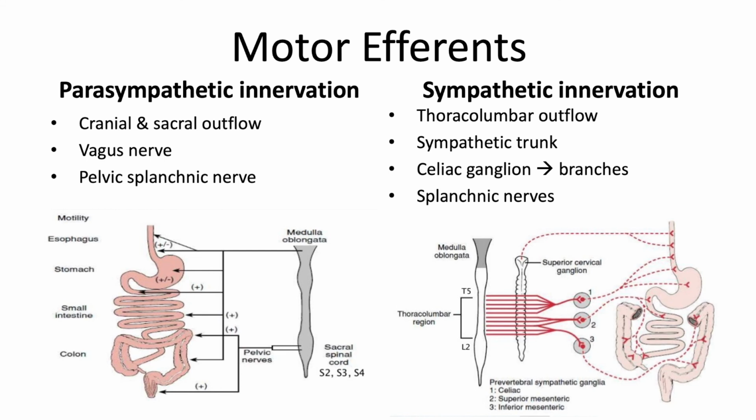In contrast, the sympathetic originates in the thoracolumbar spinal cord region and leads to the celiac ganglion that branches further. It is important to note that nerves of the splanchnic system are involved in efferent systems, but also, from the previous slides, splanchnic nerves are involved in the afferent connections as well.